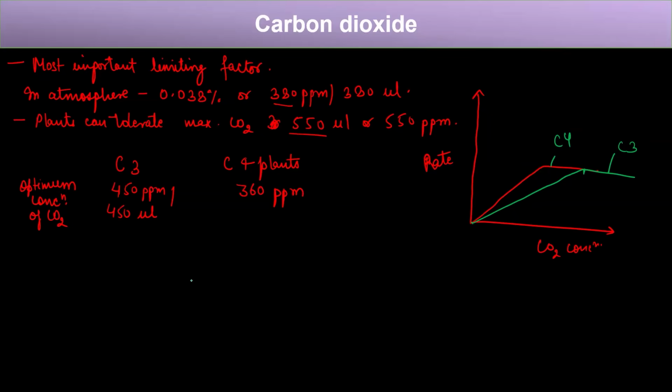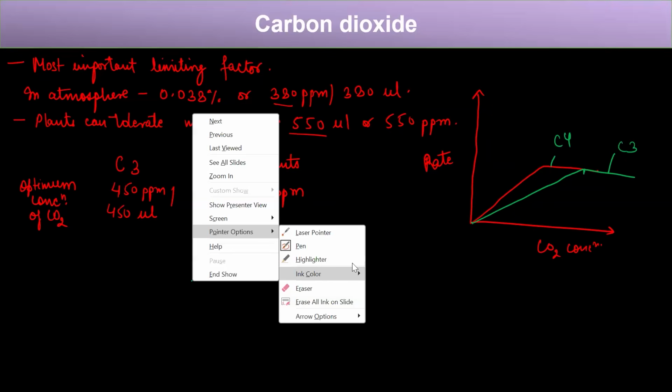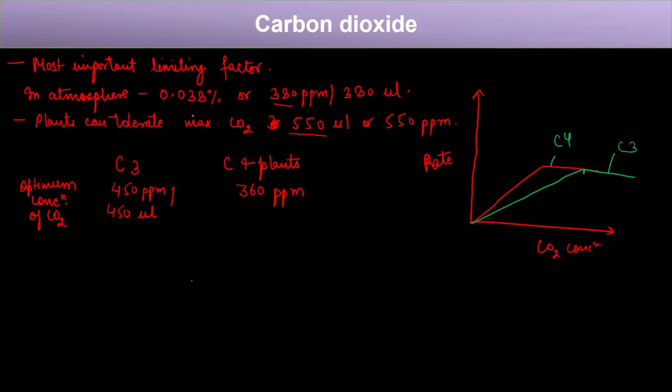Now if you see here, the amount of carbon dioxide that is present in the atmosphere is how much? This is 380 ppm. The optimum concentration of CO2 required for the growth of C4 plants is 360 ppm, right? So under normal environmental conditions, the C4 plants can grow easily.